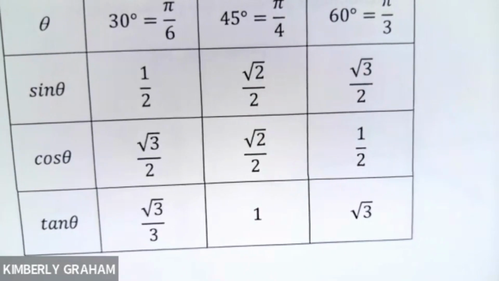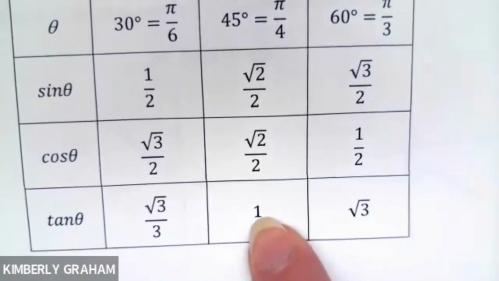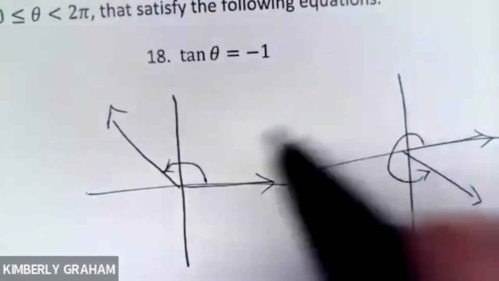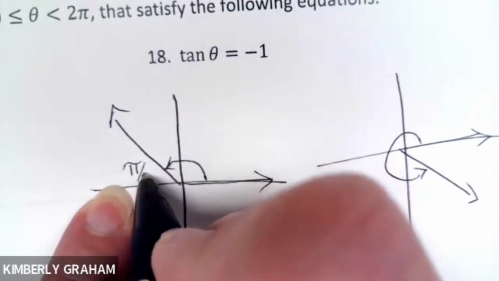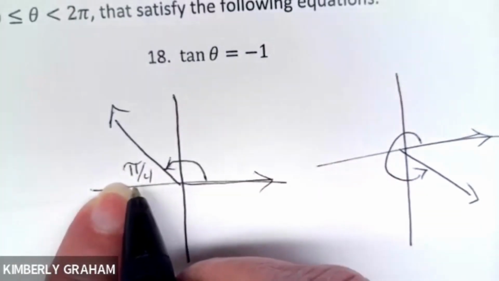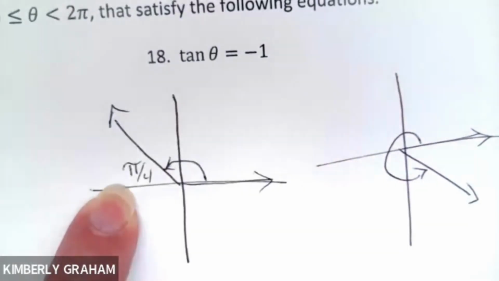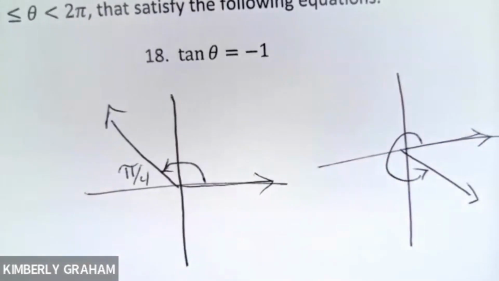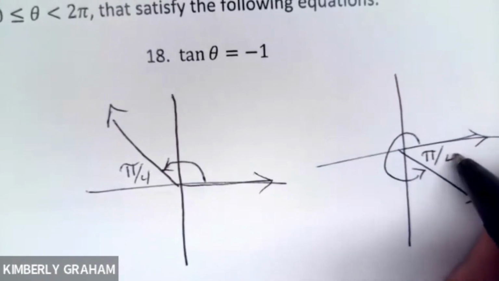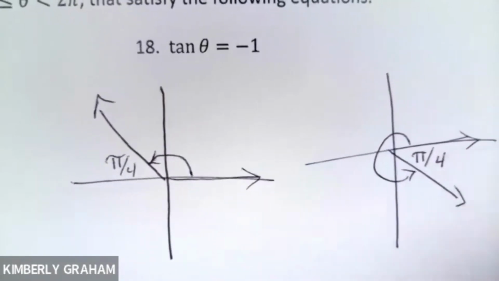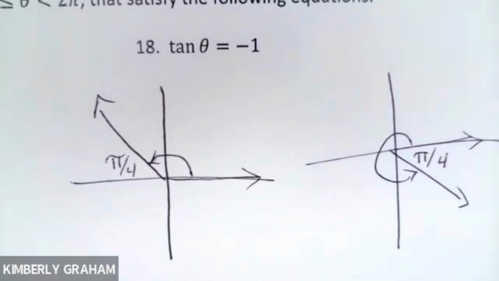That means my reference angle has a tan value of 1. This reference angle of pi over 4 has a tangent of 1, and the angle I'm looking at has a tangent of -1.